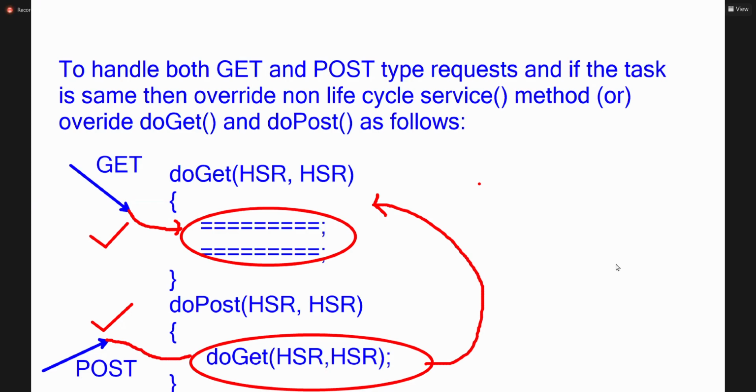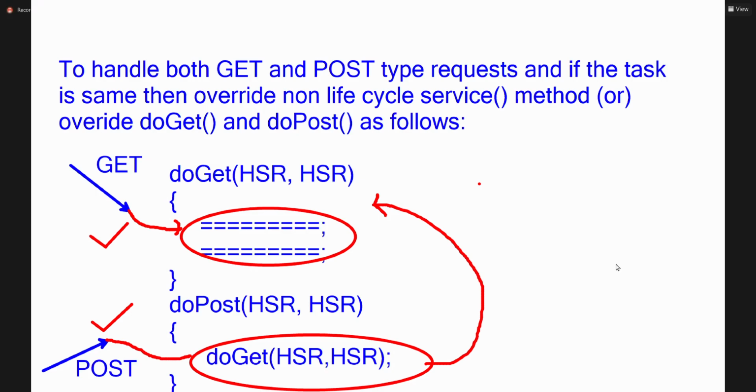To handle both, if the task is different, doGet, doPost, then this line we have to remove. Task is different: there one task, here one task. If the task is same, this doGet calling is required. Okay. Is it clear?